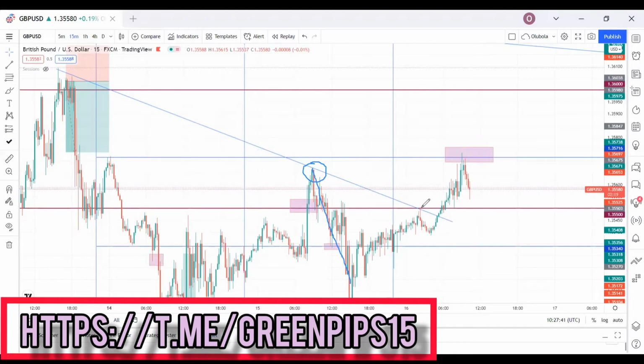This is a zone for them to sell as well, depending on what they want to take from the market. It still respects the trend line. Now, it pushes up again, then it breaks out here.